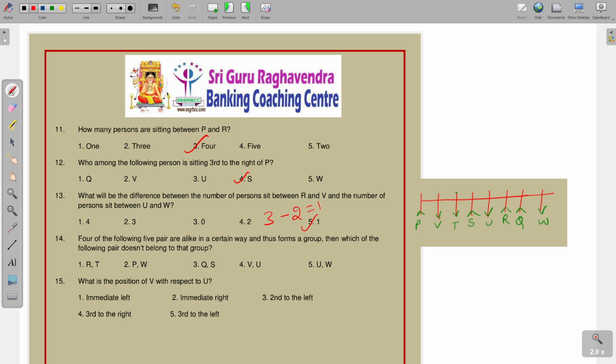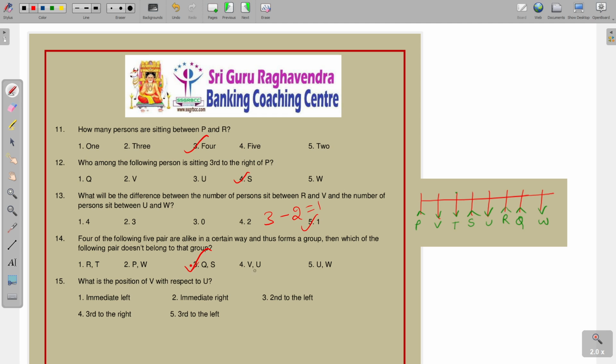Which of the following pairs doesn't belong to the group? So see, P, R and T. R and T are both opposite directions. P and W are both opposite directions. Q and S are both the same direction. V and U are opposite directions.